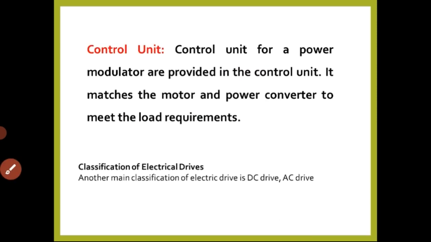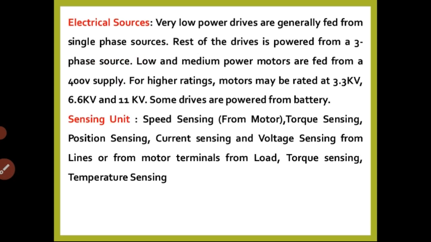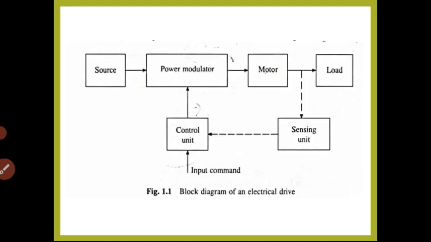What is the control unit? The control unit for a power modulator is provided in the control unit. It matches the motor and power converter to meet the load requirements. I will discuss a general example so that it will be clearer. For example, I will discuss the power modulator, which I haven't discussed yet.